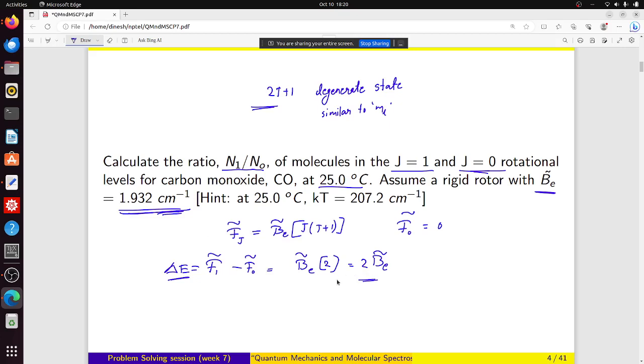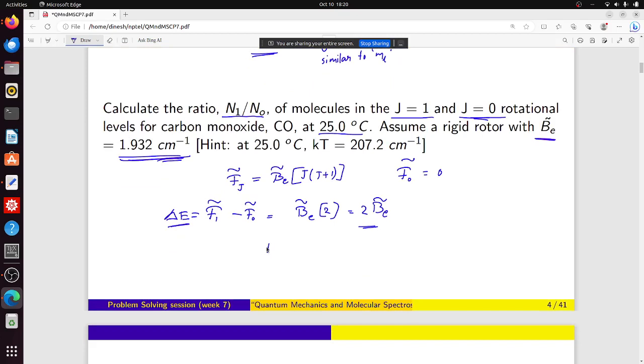Okay, now for any single rotational state with J equal to 1, this n1 divided by n0 according to Boltzmann distribution can be written as e to the minus delta E over kT.